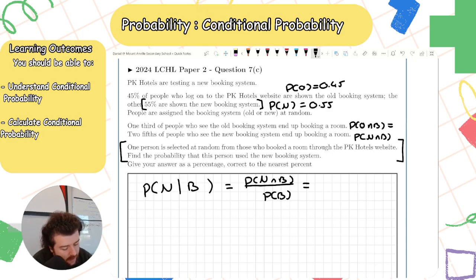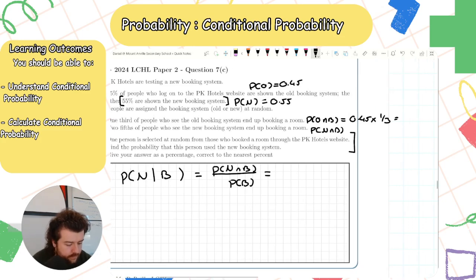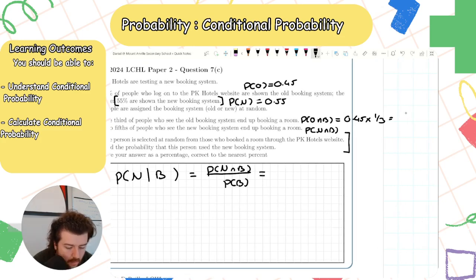So O intersection B. Well, that's going to be 0.45 times 1/3, which is equal to 0.15.